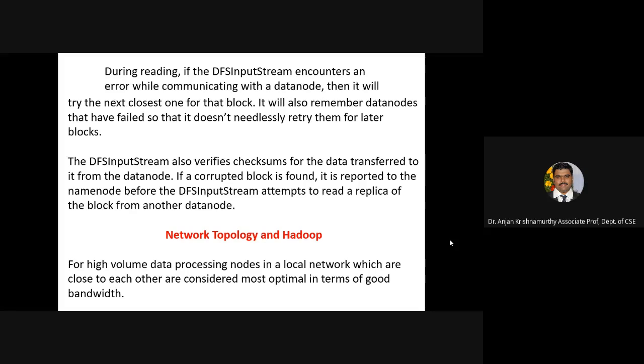That means the block of data that you have moved from the data node to your client node has been corrupted during the transportation. Some bits and bytes got corrupted on the transmission line, so you have not got the entire data at all. So these are some of the cases where a read comes into error.